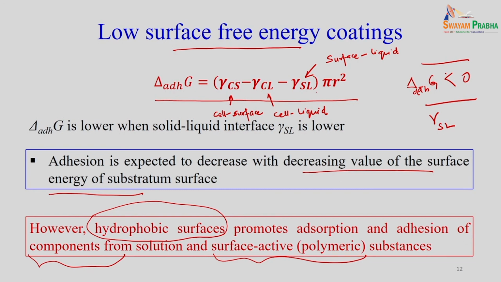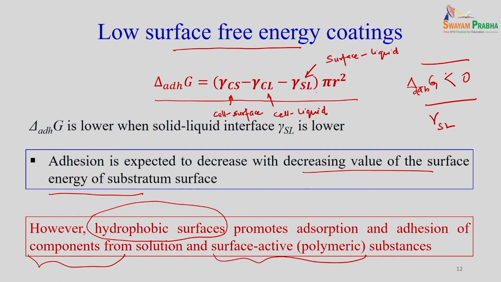So, basically when we go for the interaction in the biological systems, apart from the cell surface and bacterial surface interactions, the other interactions affect the whole process, which makes the bacteria surface interaction even more complex.